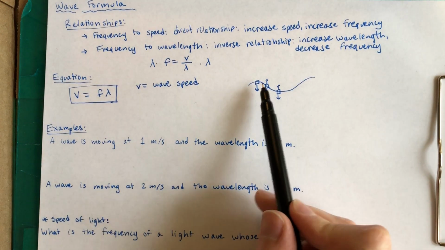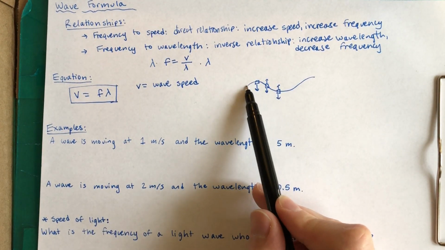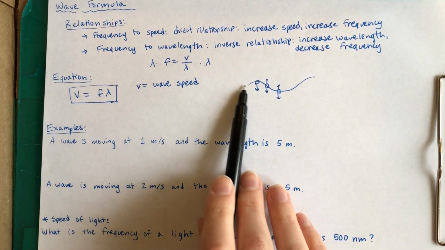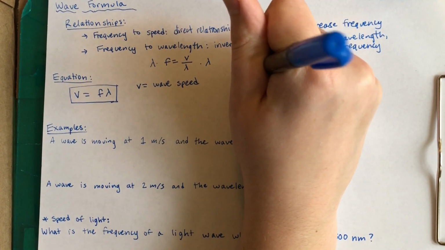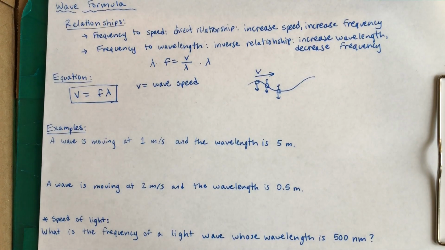We're talking about if you were to follow this high point with your finger as it moves across the screen in the direction of the actual wave itself. So it's not the individual particles of the material, the medium. We're talking about the speed of the pattern as it moves.